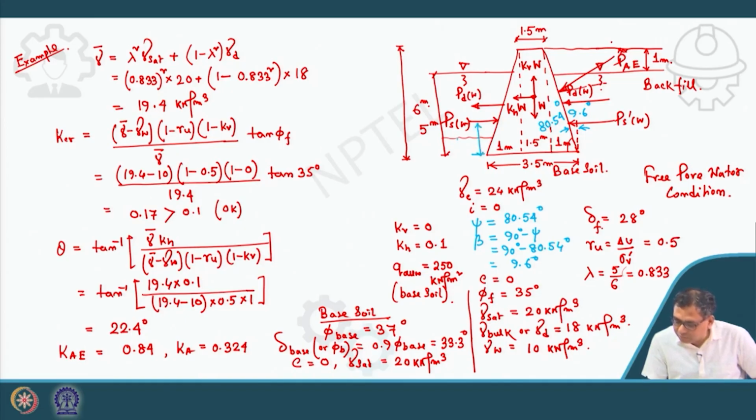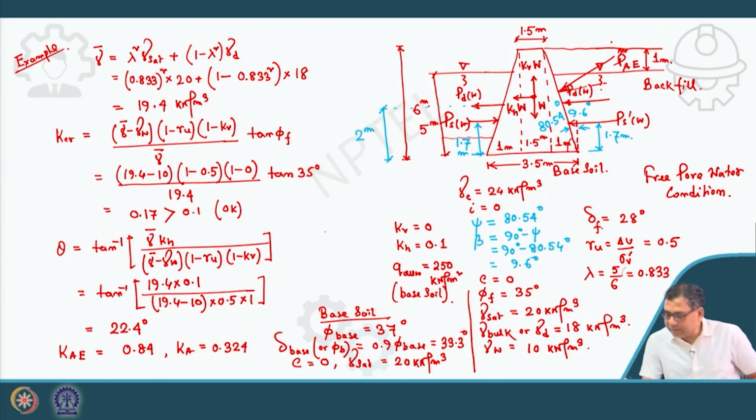So this one is 1.7 meter. This one is also 1.7 meter. Then this is the dynamic water pressure. This is from the base, it is 0.4 H. H means 5 meter, 0.4 into 5, it is 2 meter.